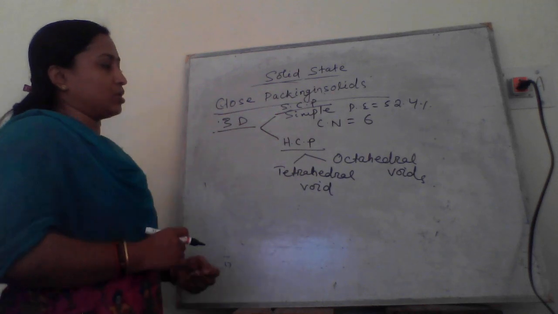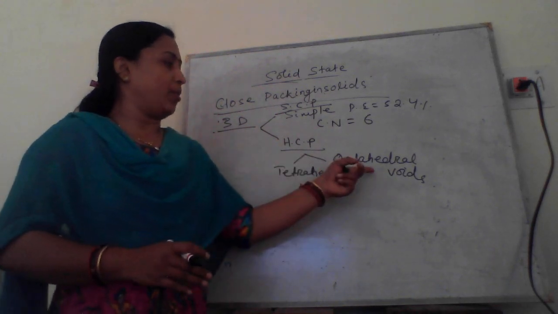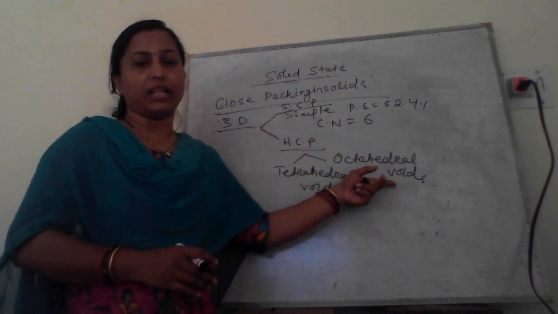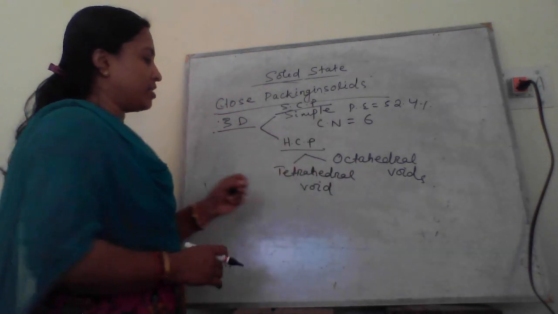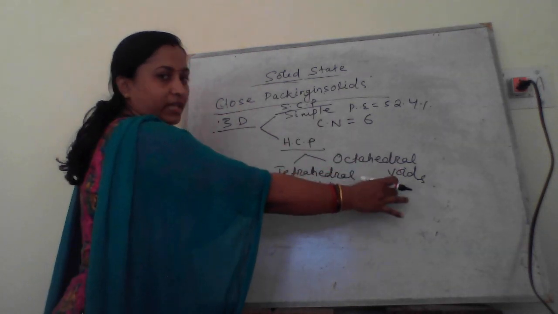In hexagonal close packing, when arranging the second layer, two types of voids are formed, that is tetrahedral void and octahedral void. So we have to know what is tetrahedral void and what is octahedral void.